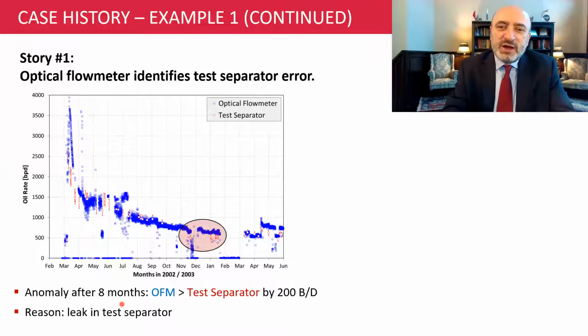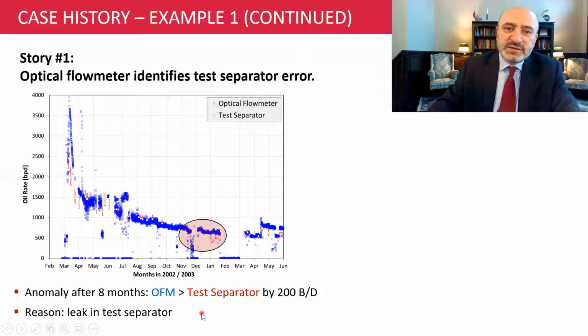So remember how we have discussed when we talked about the test separators in an earlier section. The test separators, they are very big pressure vessels, and they have many flange connections. And for that reason, there is always a potential for leaks. And this was a case which really highlighted that deficiency.